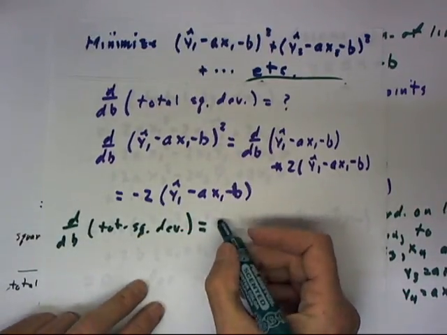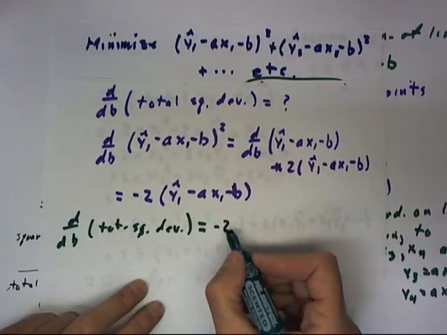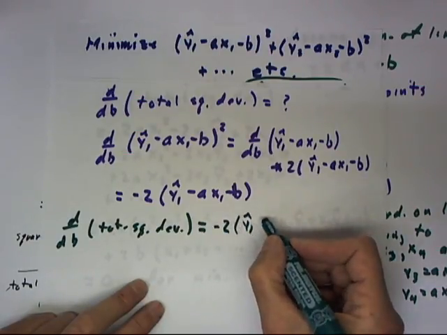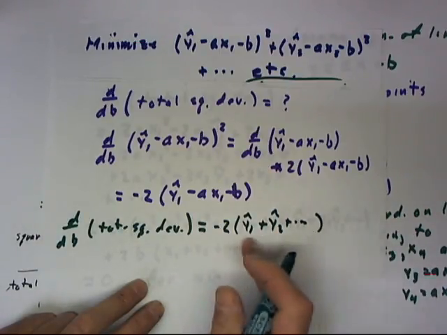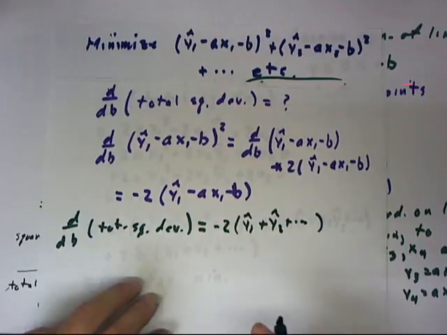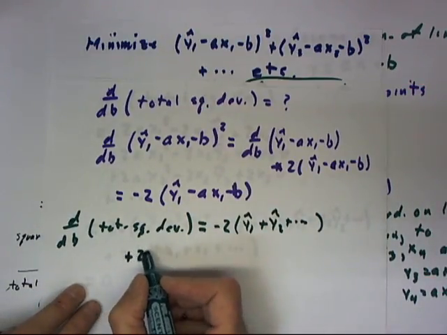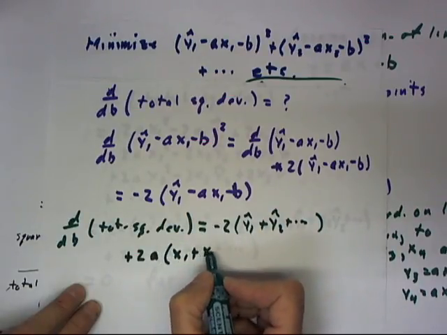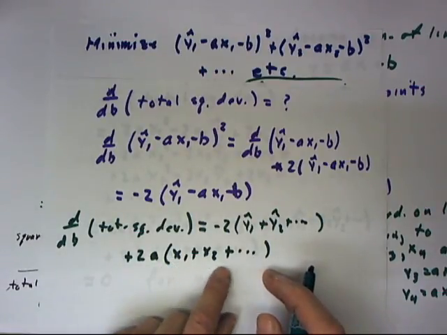So this is going to be, first of all, -2 times (y1 hat plus y2 hat plus, and so forth), add up all our y hats. And then we're going to have +2 times a times (x1 plus x2, and so forth), add up all our x values.